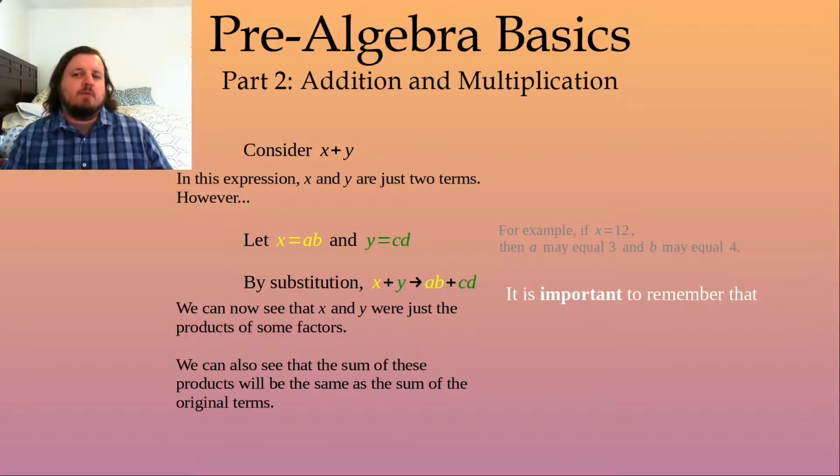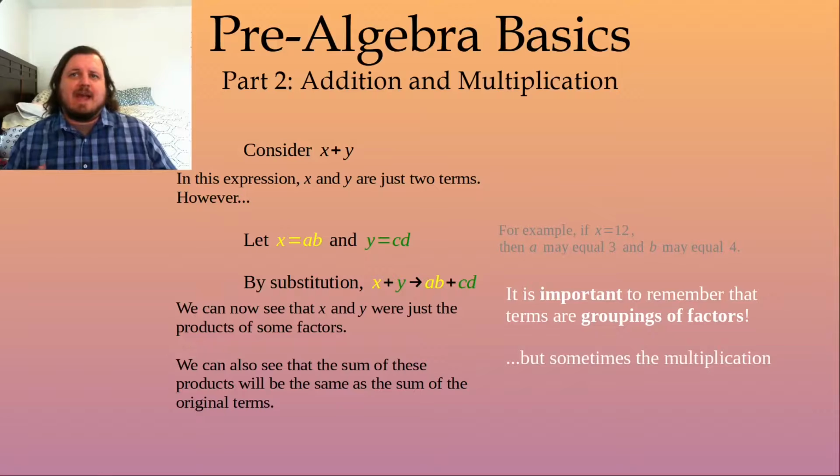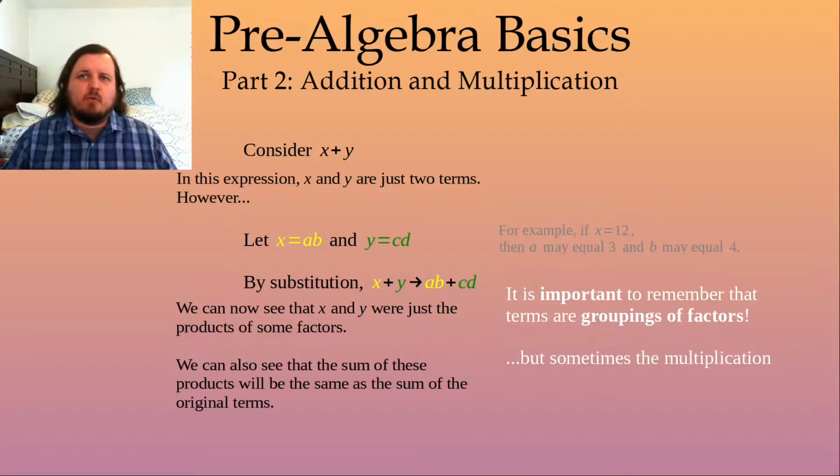So moving forward, it's important to remember that terms are groupings of factors. It's just that sometimes the multiplication has happened before we actually showed up, before we got around to looking at the problem.